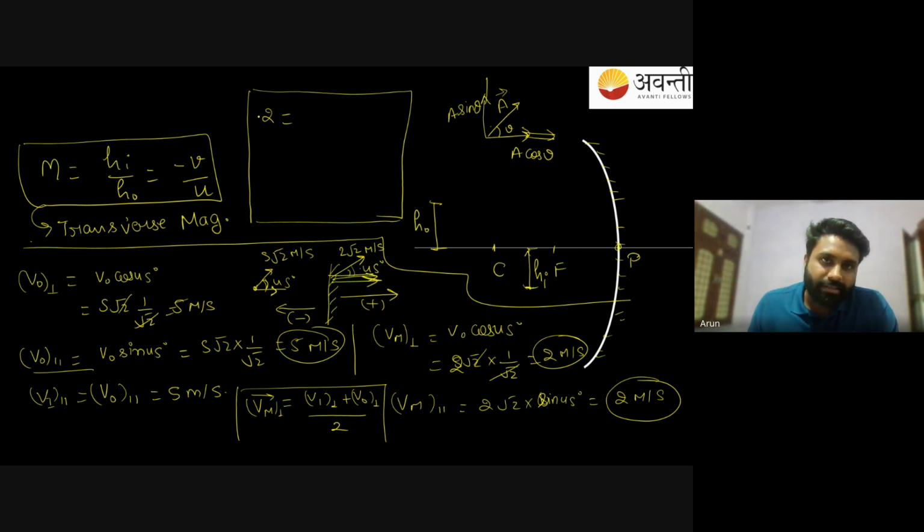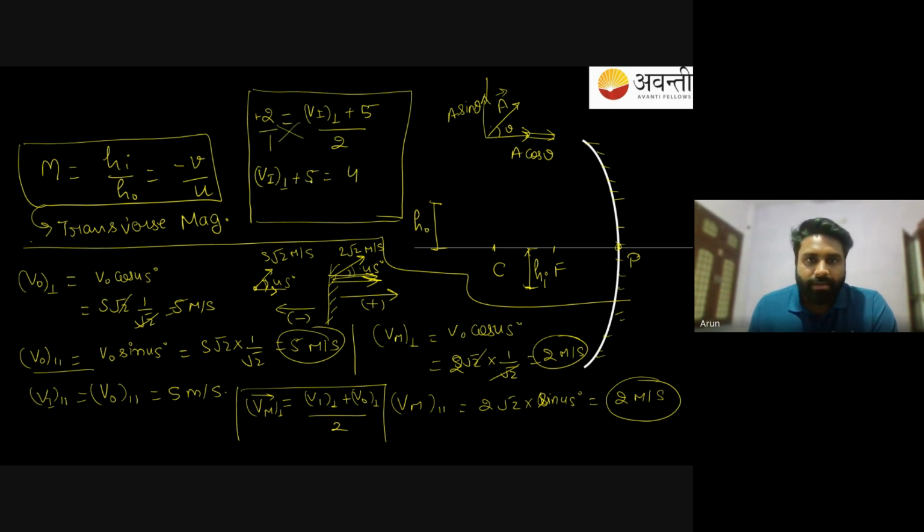The velocity of the object is 5 and it is also in the positive direction, divided by 2. So 2 times 2 is 4. The velocity of the image plus 5 is equal to 4. This is the cross multiplication.